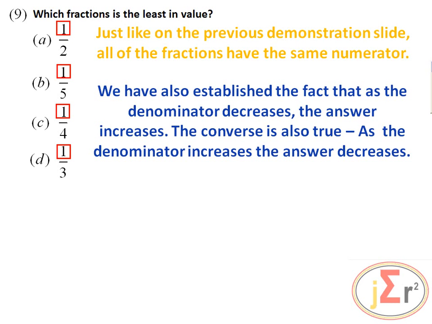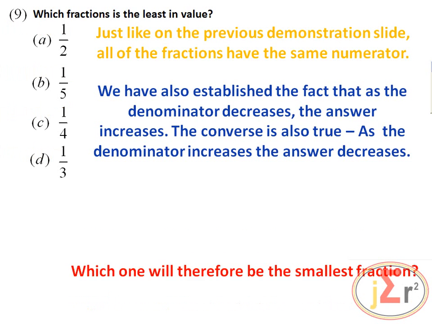And we have it right there that the numerators are all the same. Therefore, the largest denominator will give us the smallest answer. When we increase the denominator, the answer will get smaller.